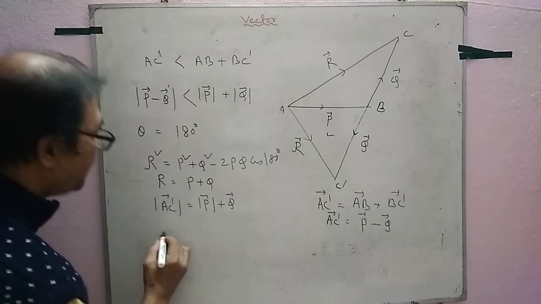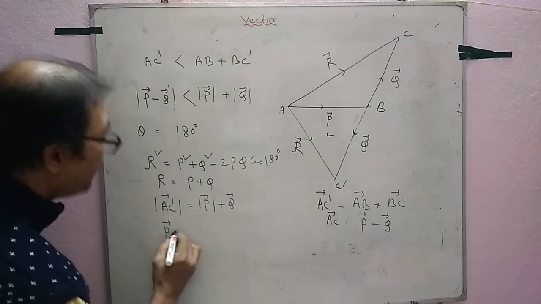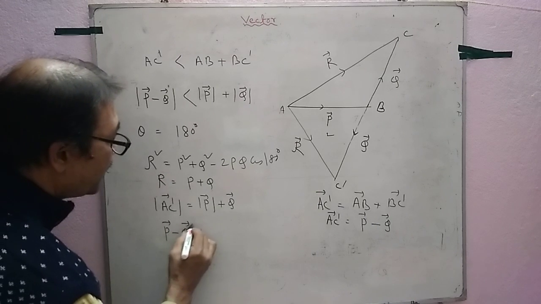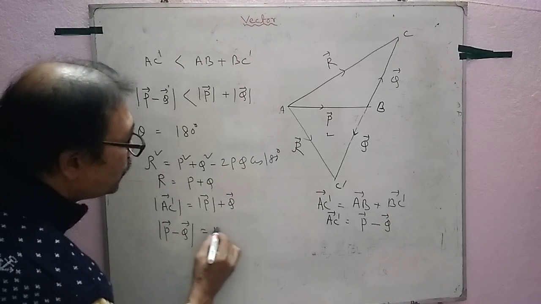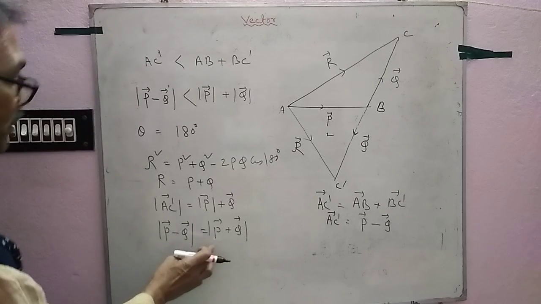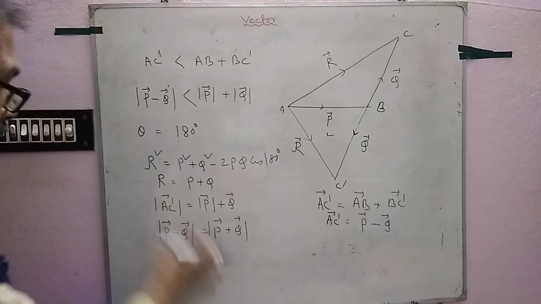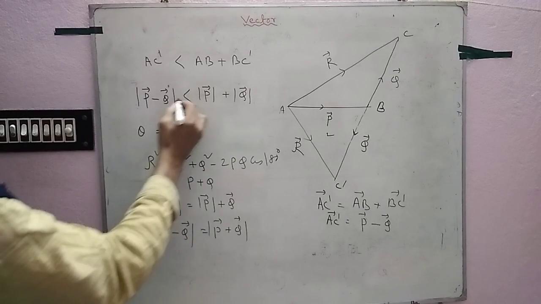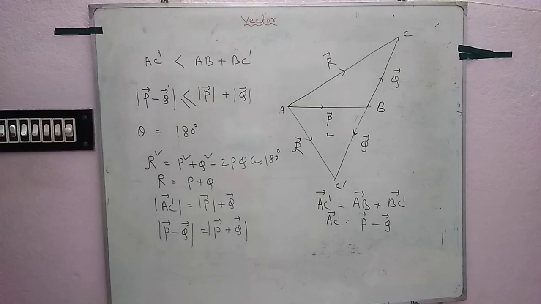That is AC dash means mod of P vector minus Q vector equal to P vector plus Q vector. Follow? From this equation and from this equation we get these two equations. If we combine P minus Q, this is another number 3 equation. Clear?